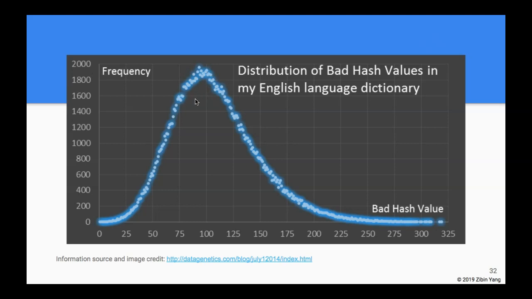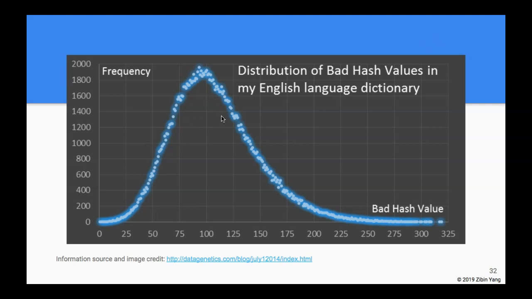And then these other values around it, there are still a lot of words that, when hashed, have their hash values cluster around this value. That's understandable, right?